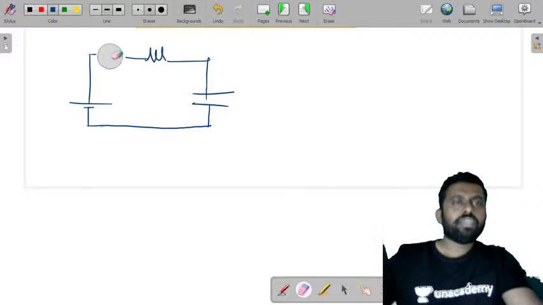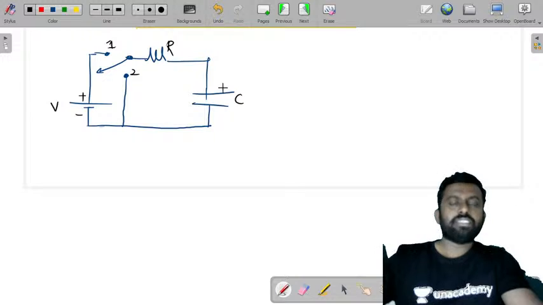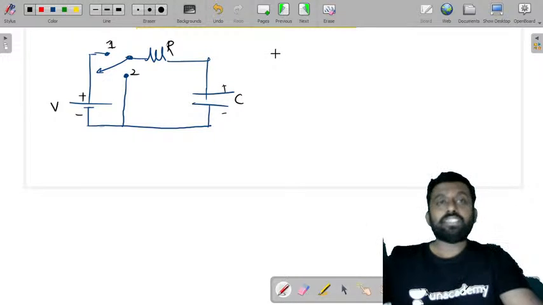Let's take one more line, and let's say this is a switch. This is 1, this is 2, this is the voltage V, R, and capacitance C. Now what happens? Let's say this switch is connected to 1.